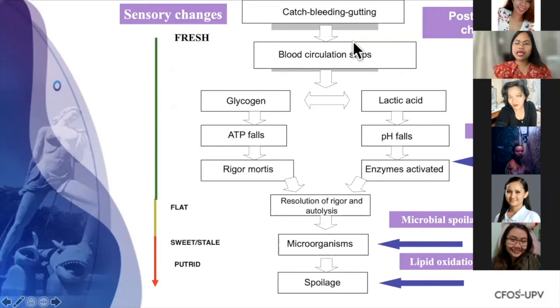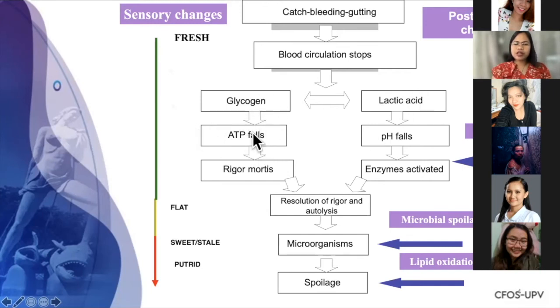So there will be, ano tawag dito? Magsa-stop yung blood circulation in fish, which also means that the blood supply in the fish muscle and tissues will also stop or cease, no? So from aerobic glycolysis, the pathway in the production of ATP will now shift to anaerobic pathway, which would lead to the accumulation of lactic acid, no?